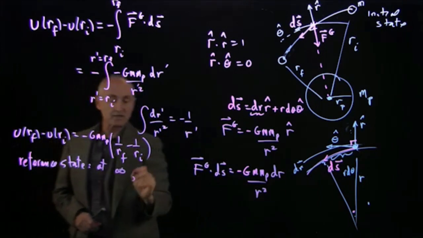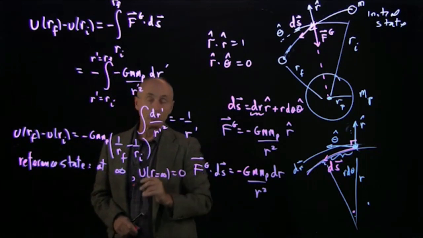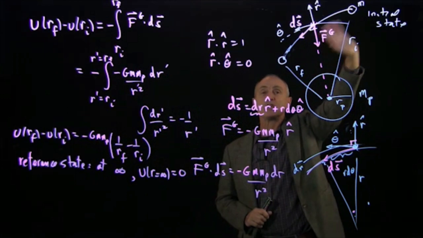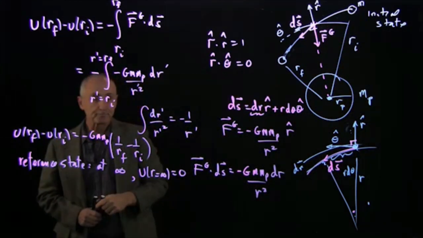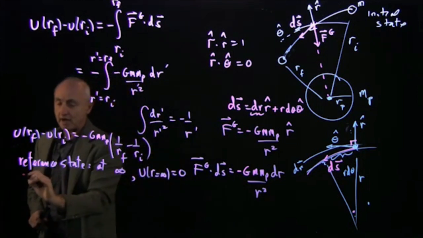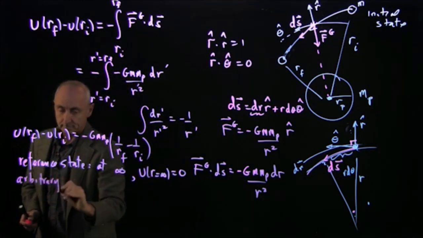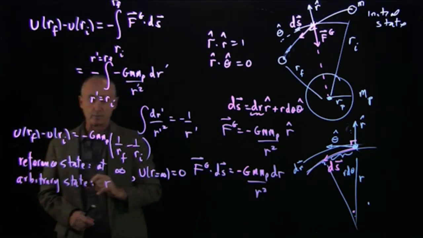And we'll choose our reference potential to be 0 at infinity. That means our initial state is imagined very, very far away from the planet. And we'll take as a final state an arbitrary state, just where the object is some distance r from the planet.